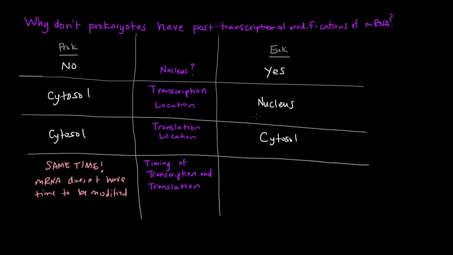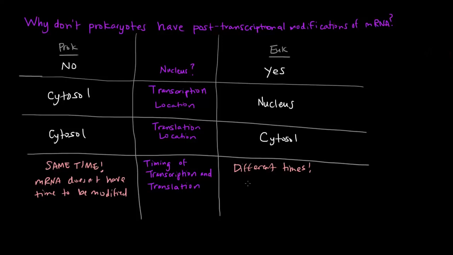In eukaryotes, however, it's a little bit different. The transcription occurs in the nucleus, so the mRNA is made in the nucleus, and it has to leave the nucleus to go to the cytosol and then be translated. So here, they're at different times, because the mRNA has to leave the nucleus through the nuclear pores and then enter into the cytosol.